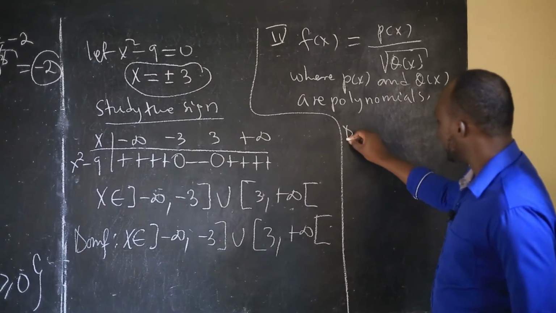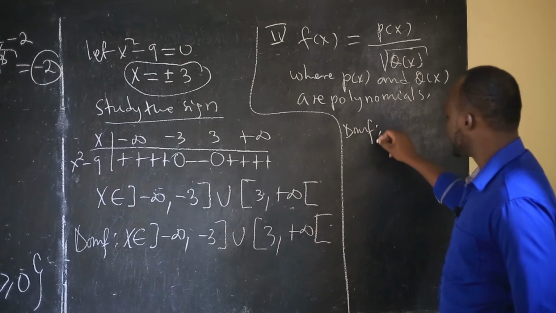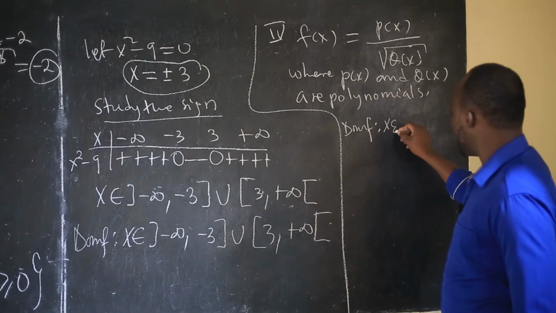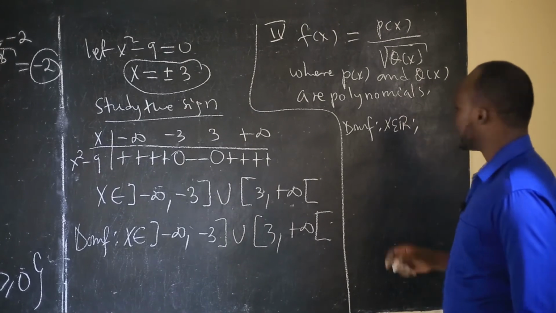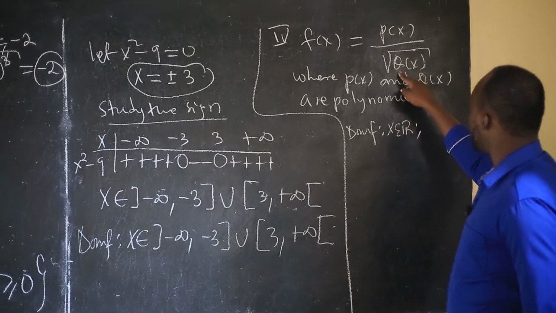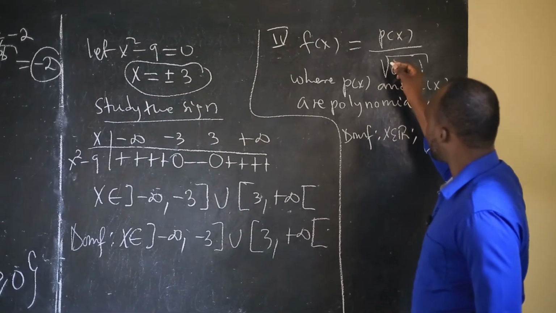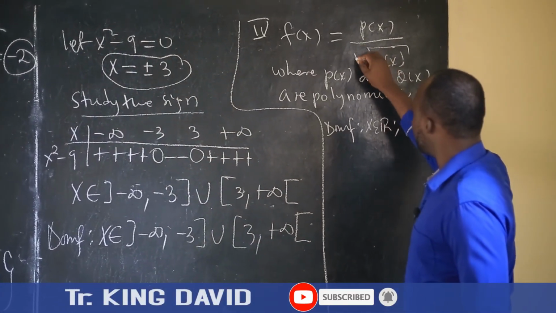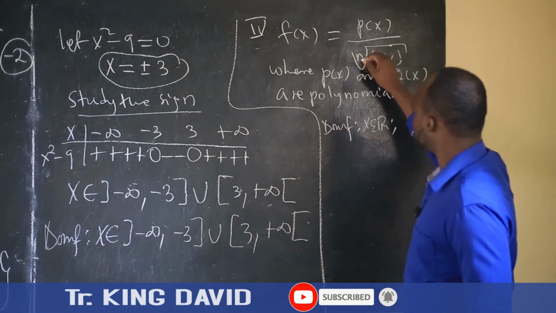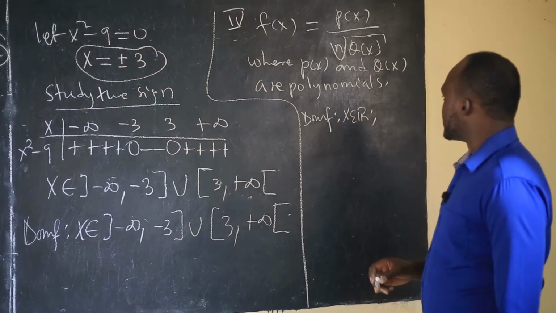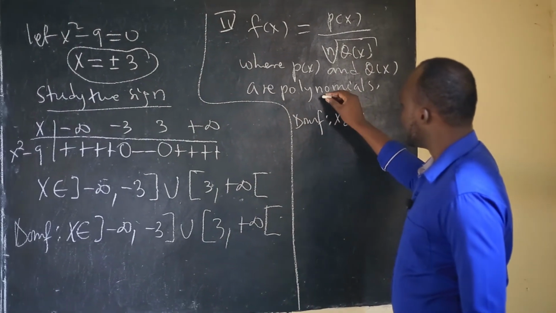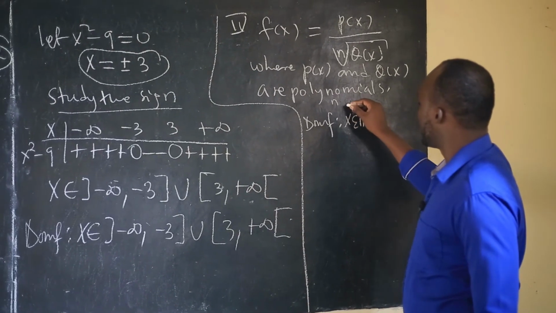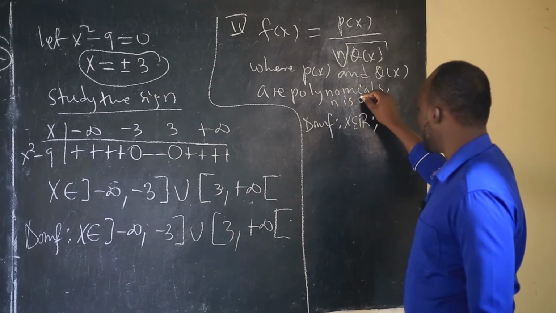So here we say that dom f is x, a member of real numbers, such that, when we have, let's use n here, the nth root. Let's ask for n being an even number.